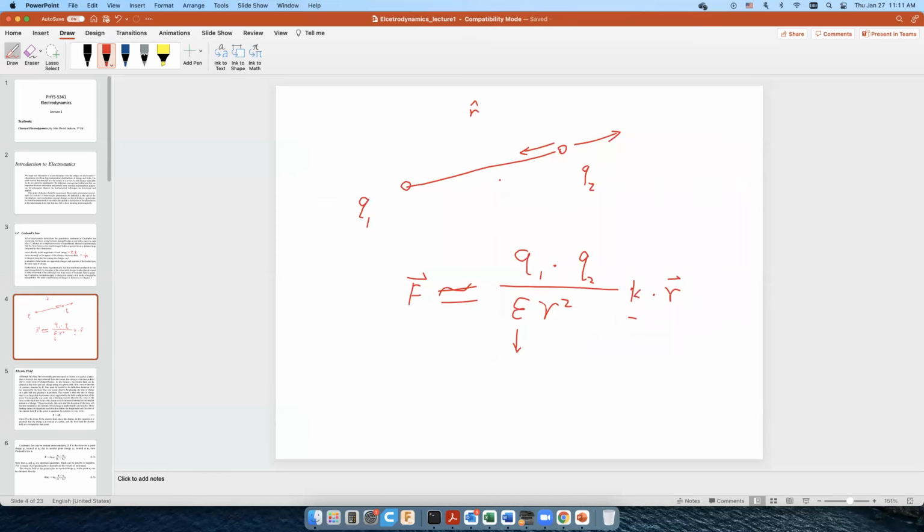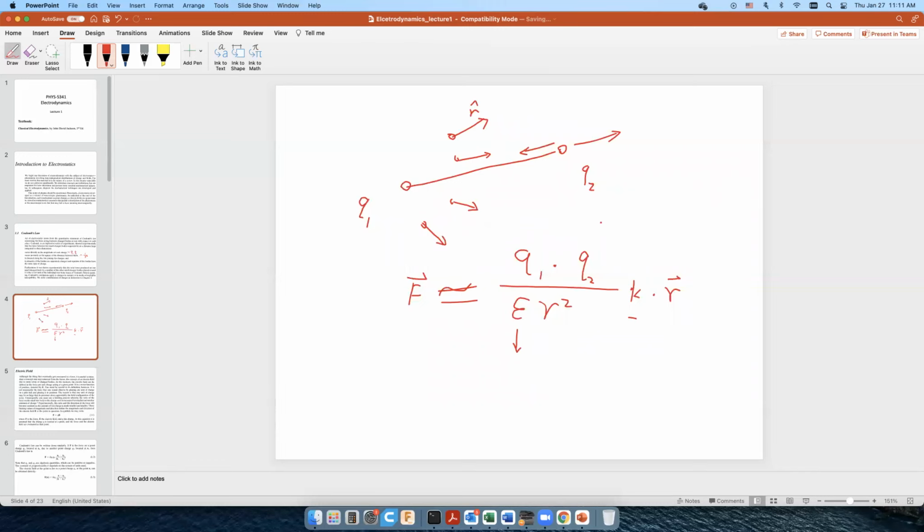So if we look at this picture from Q1 to Q2, of course, you can calculate the force. If you change Q2 into a unit charge, let's say the charge is 1, then you can use the unit charge as a probe, put it here, here, here, here, to measure the forces surrounding Q1.